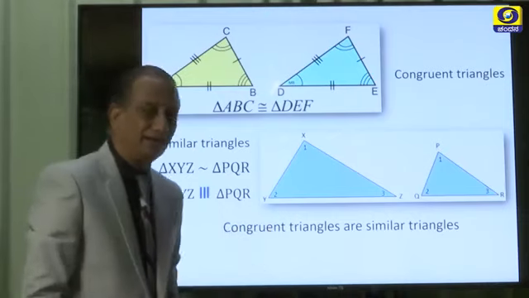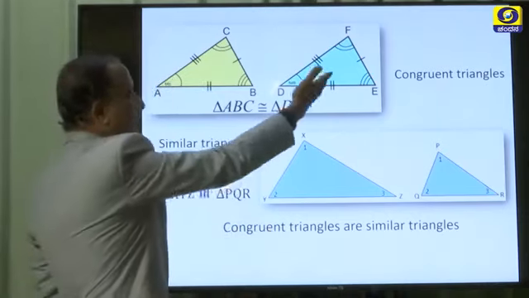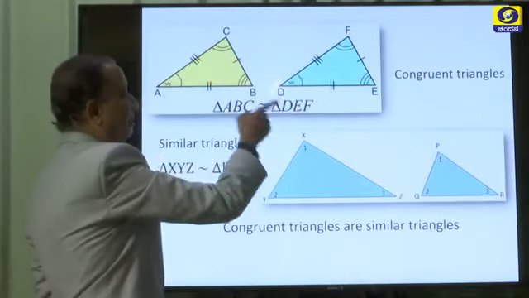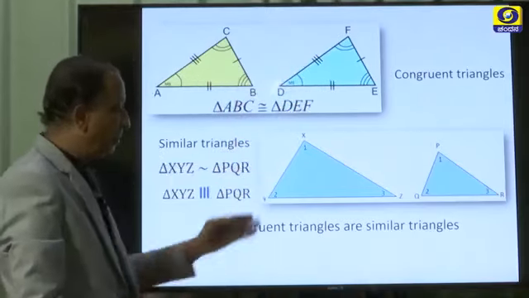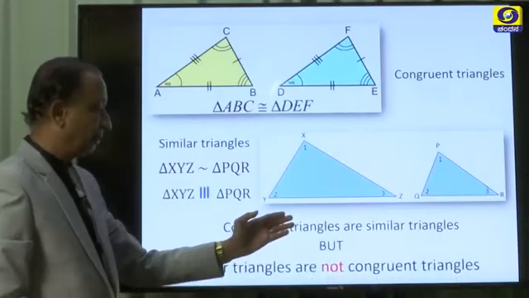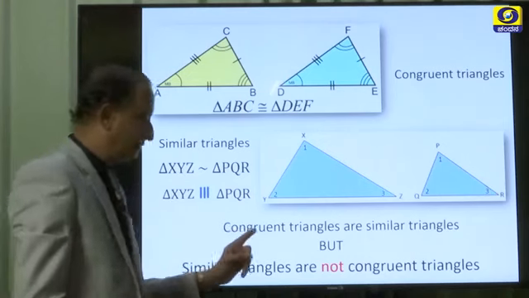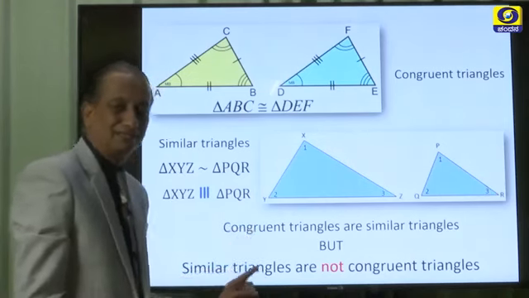So, congruent triangles are similar triangles. These two triangles are similar because they have the same shape, but if you compare them, they are not congruent triangles. So, the converse of this is not true.